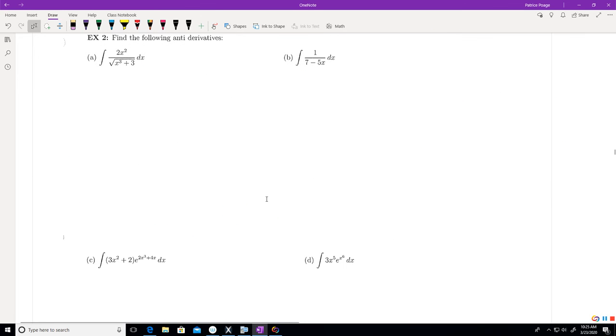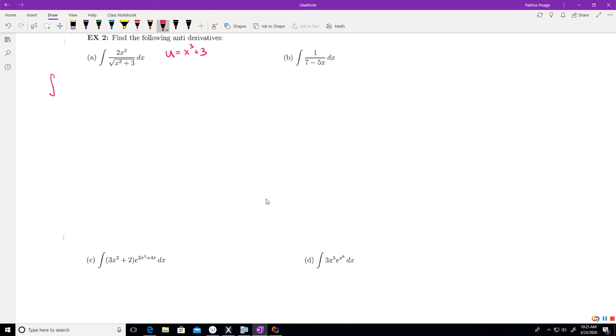Alright. It's part A here. So the square root is the same thing as to the 1/2 power. So that's still a bunch of stuff to a power. So I'm going to let u equal x cubed plus 3. I'm going to go ahead and separate my numerator from denominator.